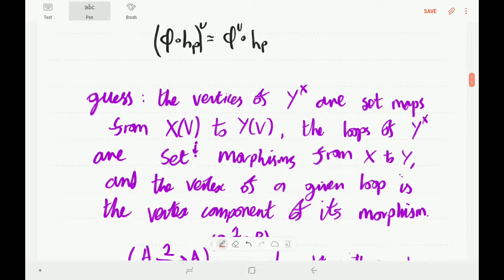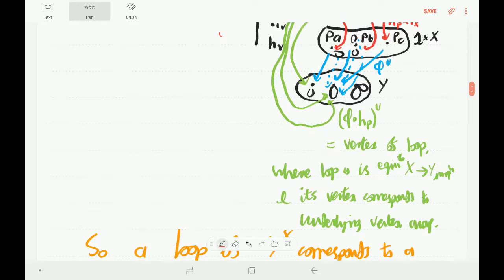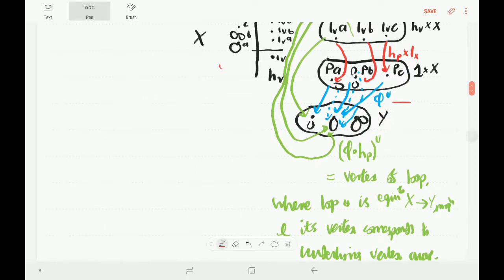So then the next question is, what are the loops on a given dot, or alternatively, given a loop, what will its dot look like?